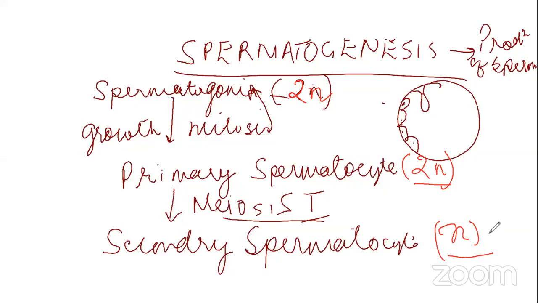And after meiosis 2, what are they going to form? After meiosis 2, they are going to form spermatids. Now meiosis 2 is like mitosis. Over here, the chromosome number is constant. So meiosis 2 is like mitosis, it doesn't change the chromosome number. This results in the formation of spermatids.